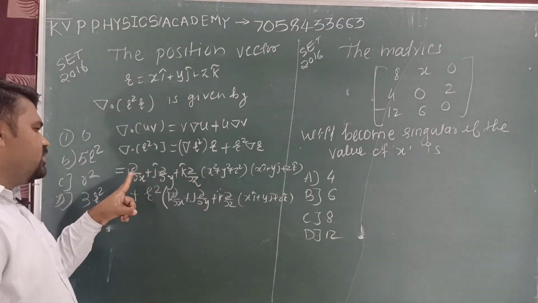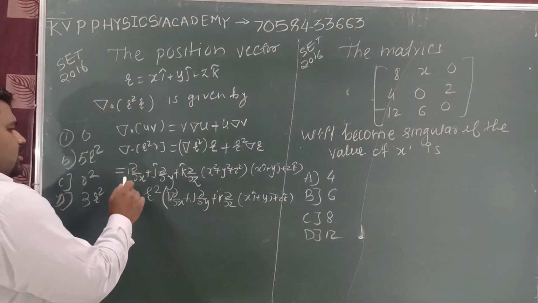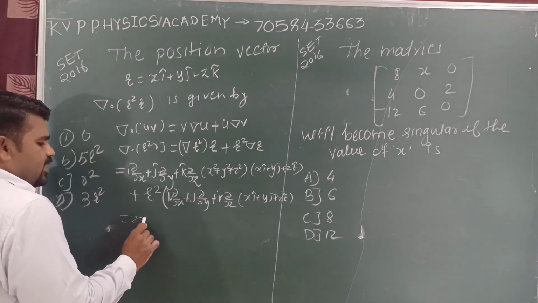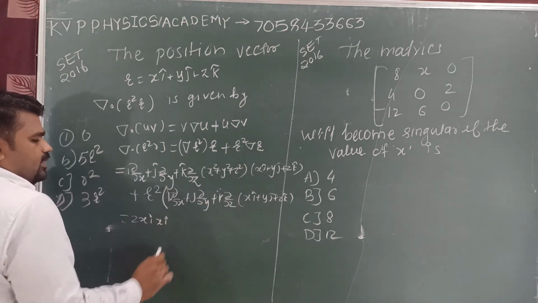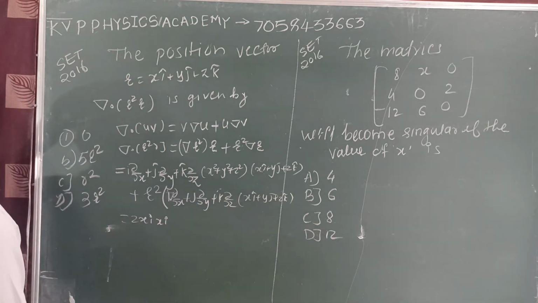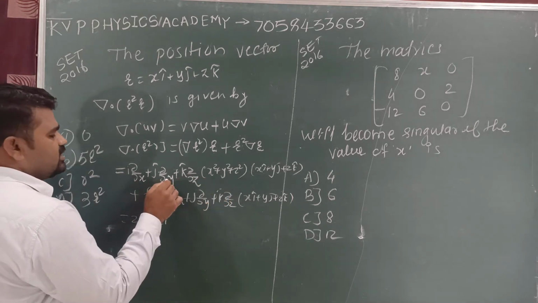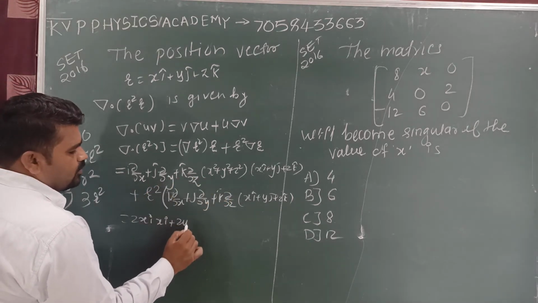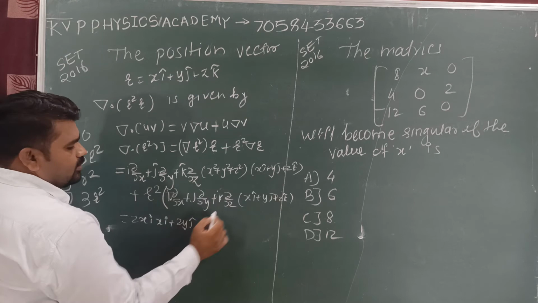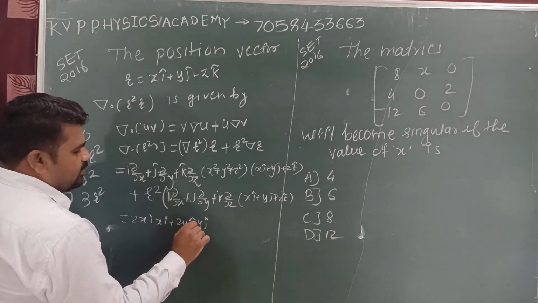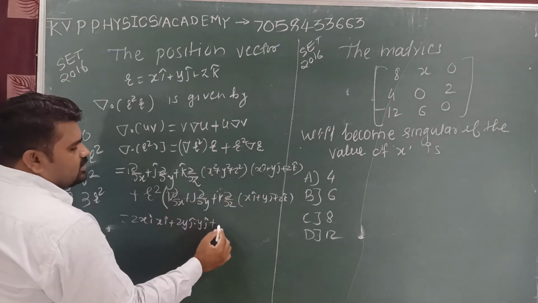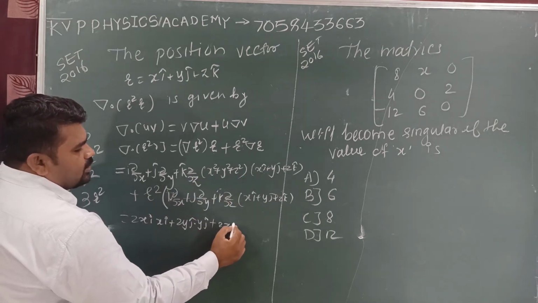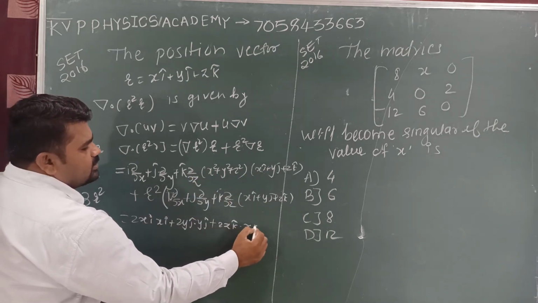X square derivative with respect to x, 2x. Okay, and then this is equal to how much? 2x i cap dot x i cap. Next, y square derivative with respect to y, 2y j cap dot y j cap. Similarly, z square derivative, 2z k cap dot z k cap.